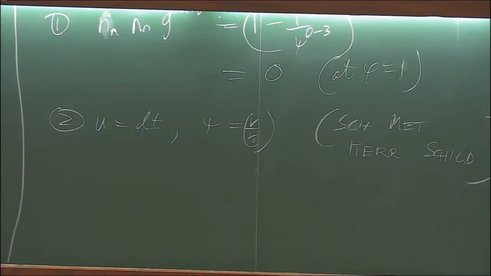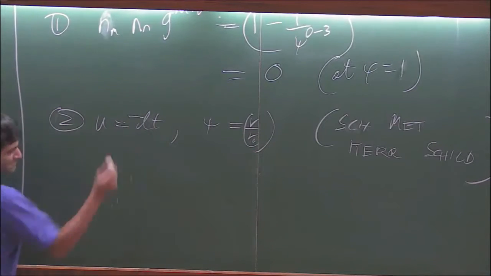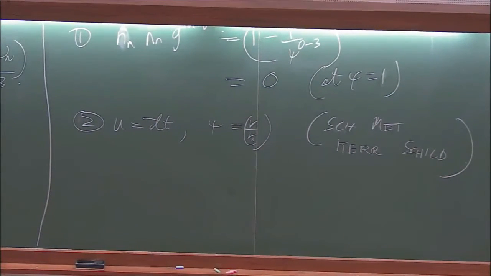Okay, so this particular case, psi is equal to r by r naught and u is equal to minus dt, just gives you the Schwarzschild metric in Kerr-Schild coordinates. Sorry, minus dt, yes, thank you.